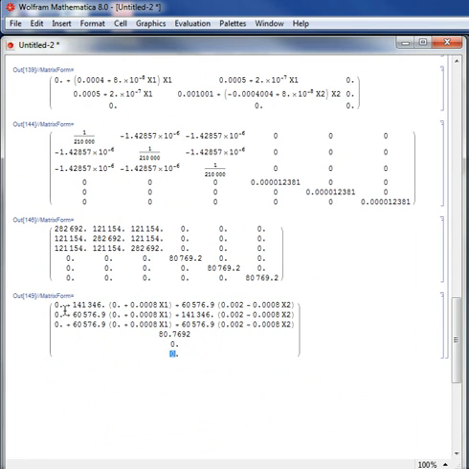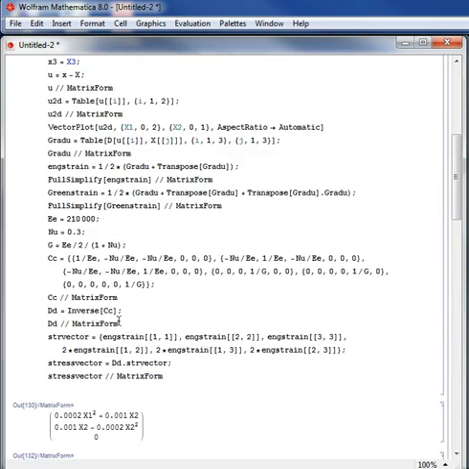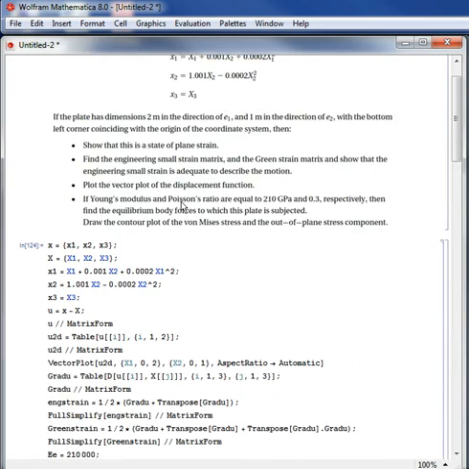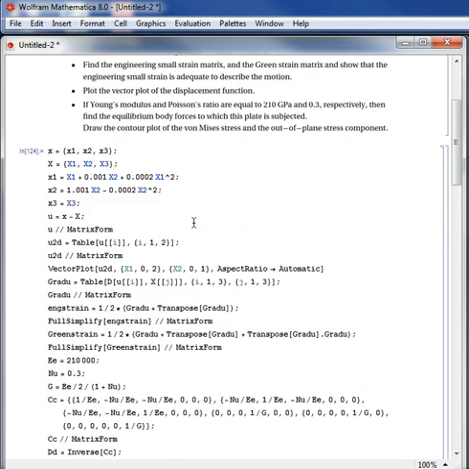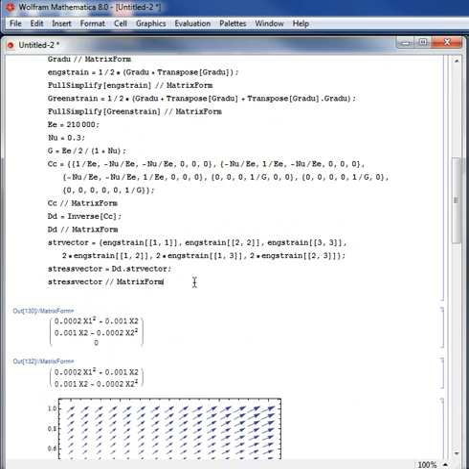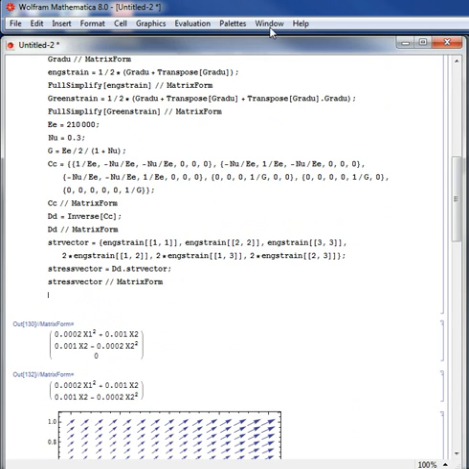Now what the question is asking for is to calculate the equilibrium body forces and draw the contour plot of the von Mises stress and the out of plane stress component. So first I'm going to draw those contour plots. Contour plot.